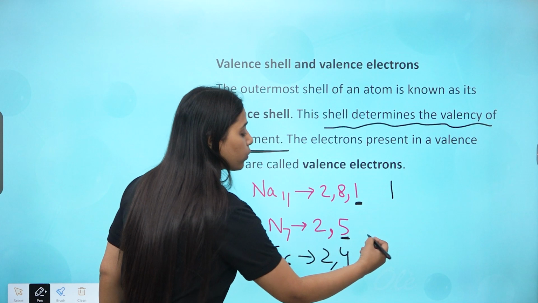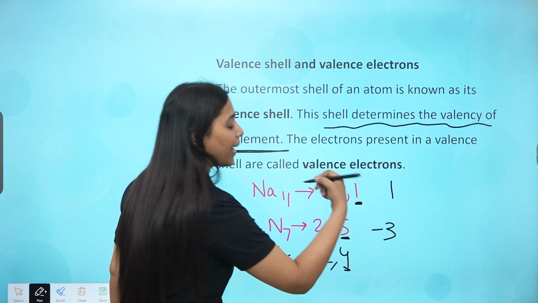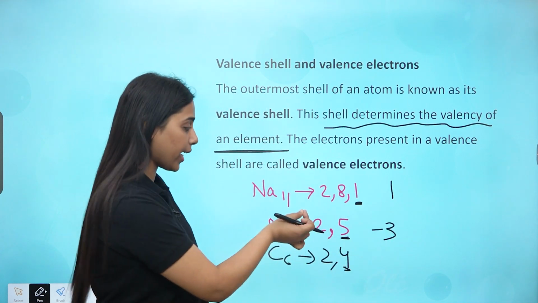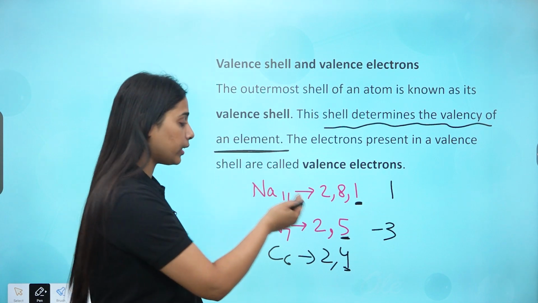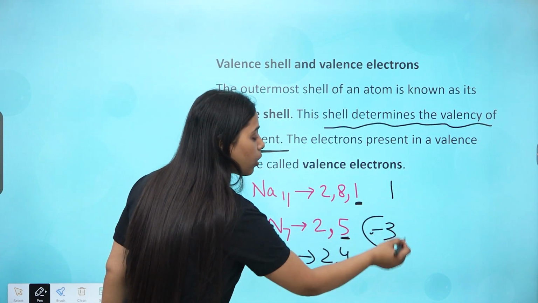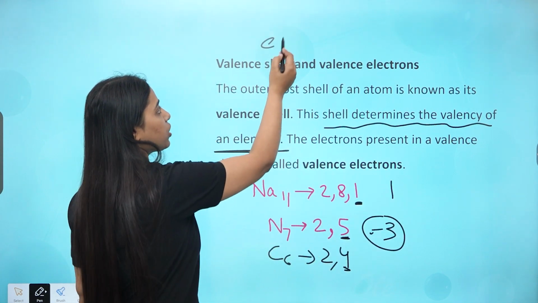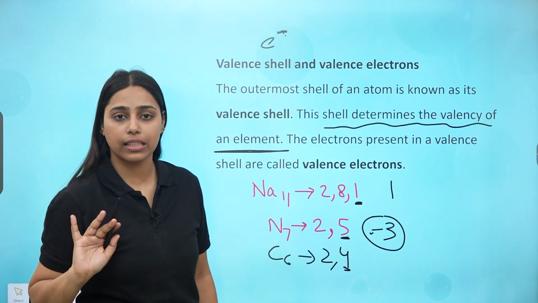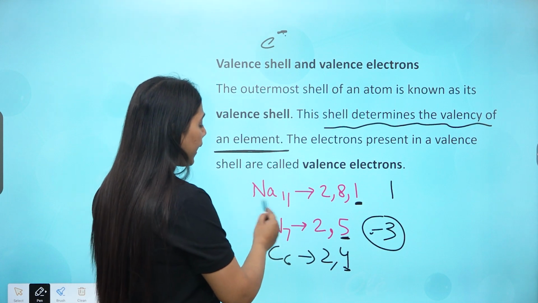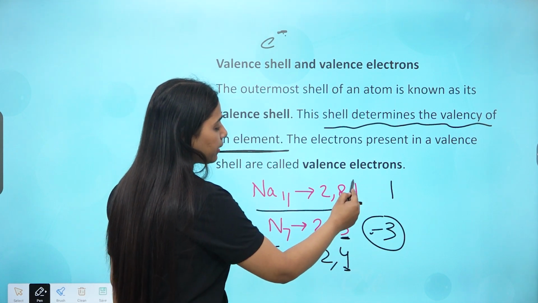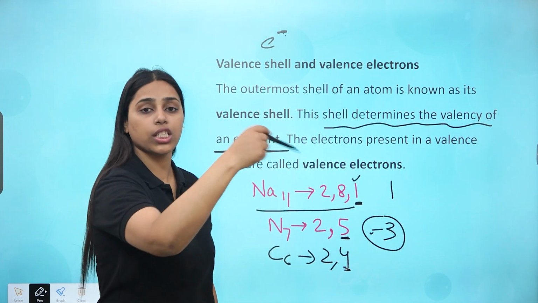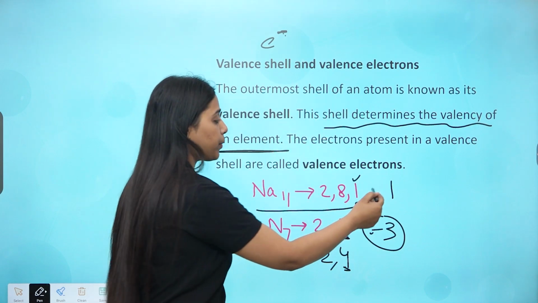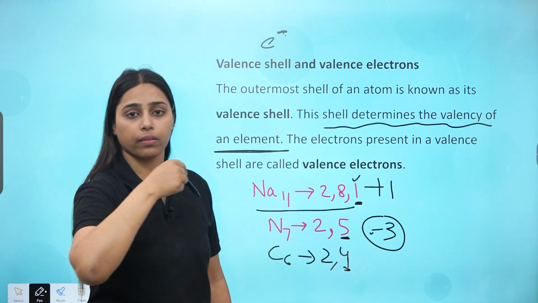In this case, nitrogen will have valency -3. Although the sign doesn't matter, it is represented because electrons are negative charges, so the minus has been added. Sodium has lost its 1 electron, so its valency is represented as +1.